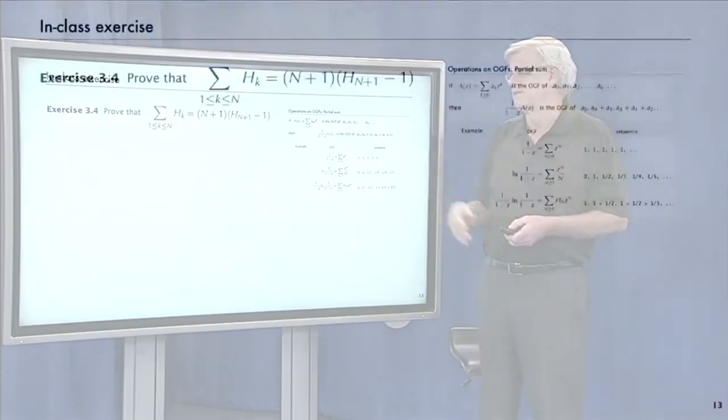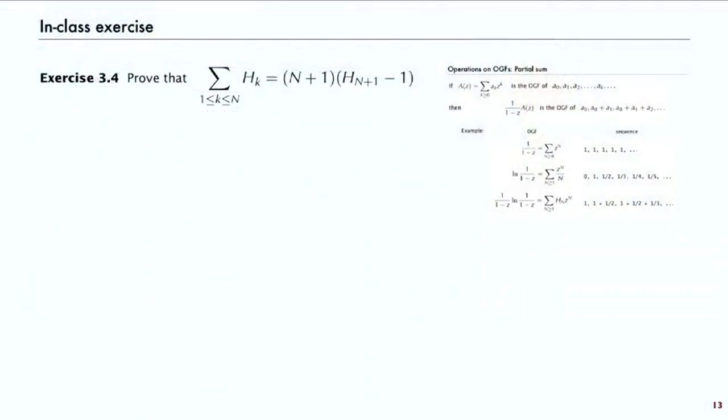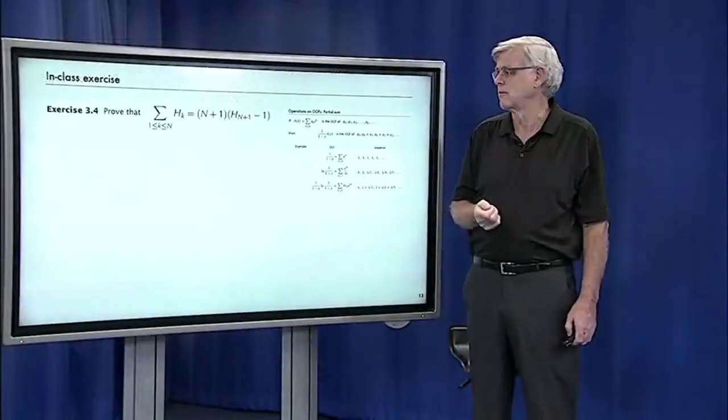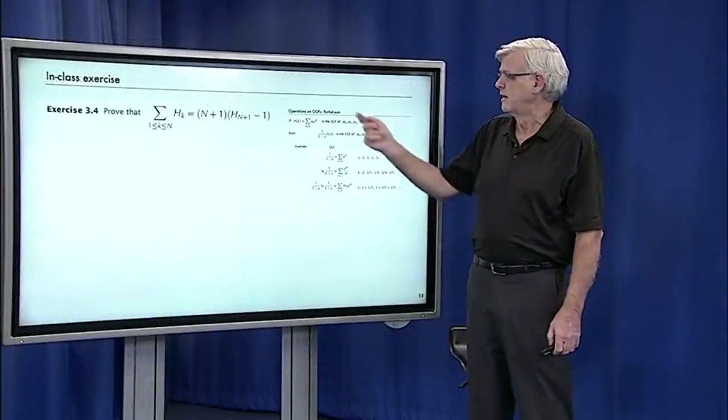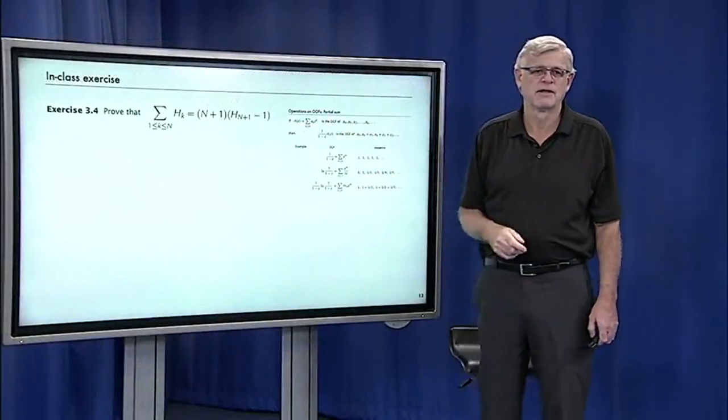So here's an exercise that you should think about to cement your understanding of the idea of ordinary generating functions and the sequences that they represent. Let's prove, using generating functions, that the sum of the harmonic numbers for k from 1 to n has this value.